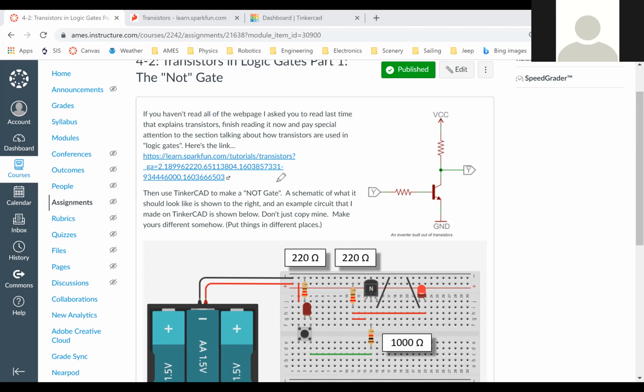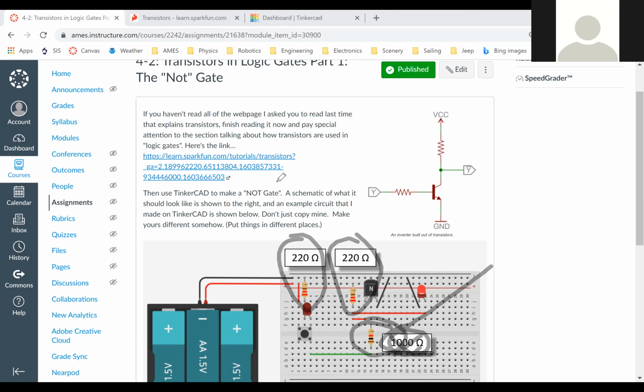But if you look here, you can see the values that I used. Right here, I used a 220 ohm resistor. Here was a 220 ohm resistor. Here was a 1000 ohm resistor. What I want you to do is play with these resistors and try different values. Find out what happens if instead of using a 1000 ohm resistor, you use a different one.